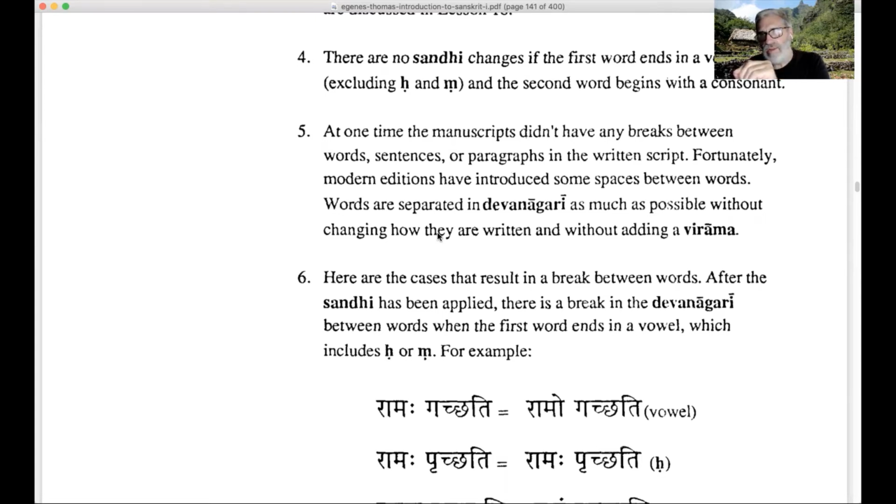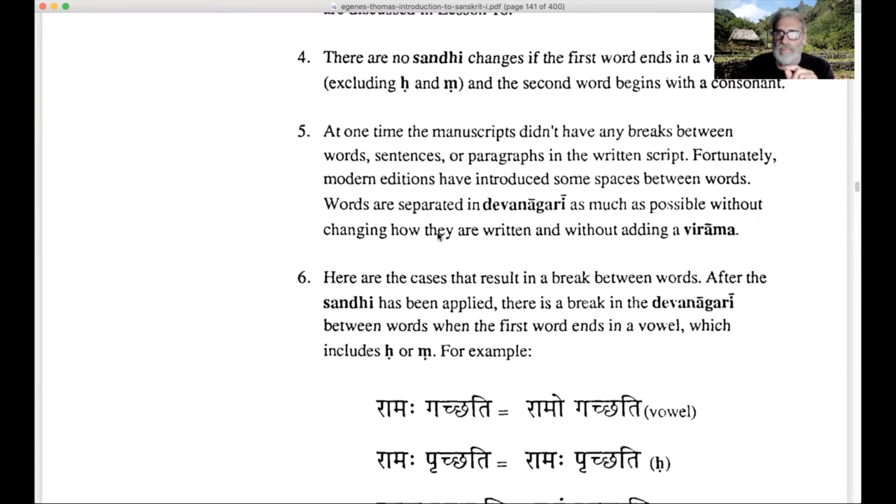That shows that there is no inherent vowel with that consonant. It's also called halanta by Panini. Anta means end, hal means a consonant. So the ending of a consonant without any vowel sign is called halanta. It's also called virama. Here he calls it virama.